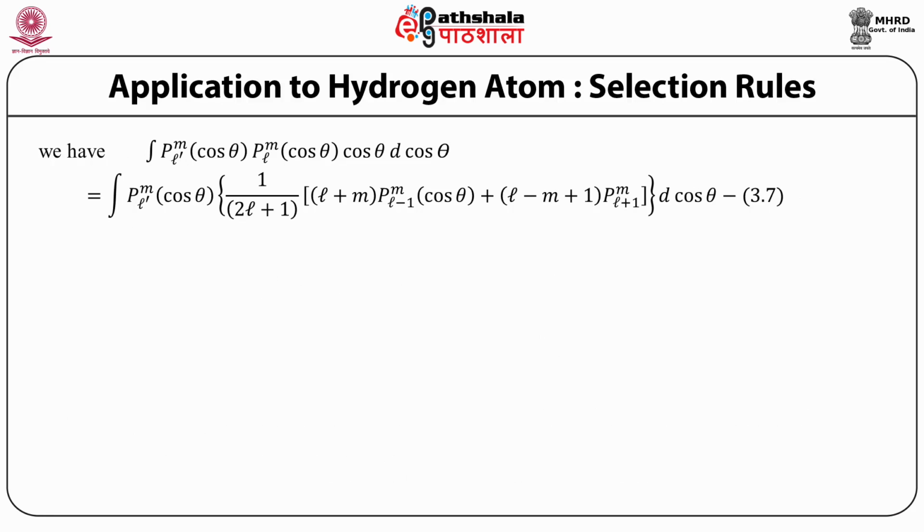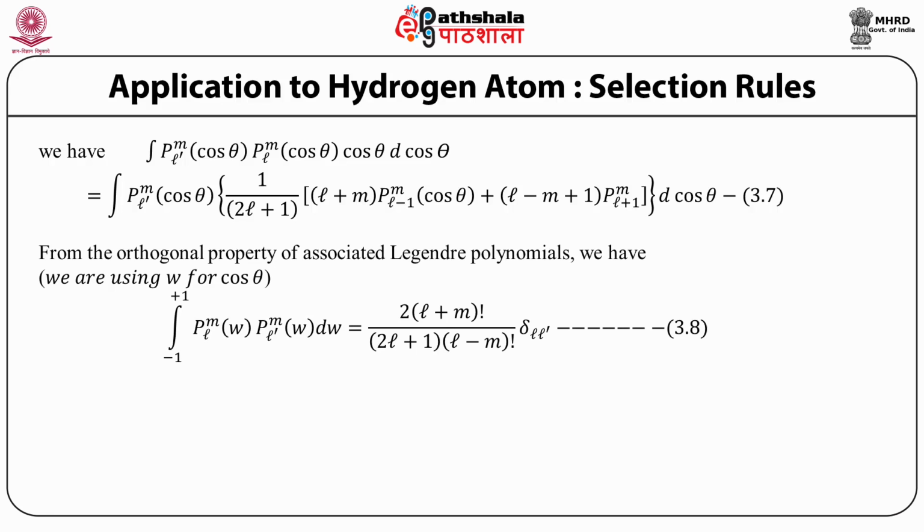We have the integral over P_l'^m and P_l^m cos θ d cos θ becomes P_l'^m(cos θ) times 1 over (2l+1) of (l+m) P_{l-1}^m and (l-m+1) P_{l+1}^m d cos θ. From the orthogonal property of the associated Legendre polynomials, we are using w for cos θ.